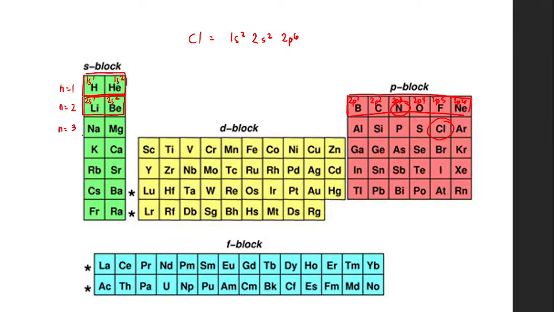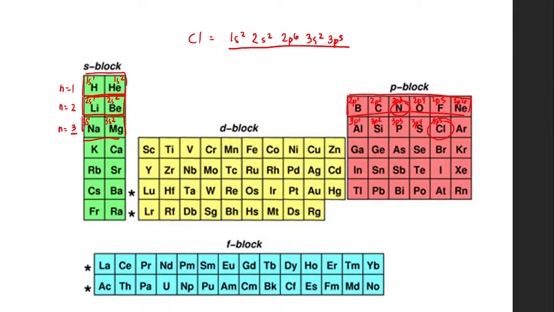And then we have our n level at 3. So this is your 3s1, 3s2. So that is 3s2, that is filled right there. And then you have your 3p1, 3p2, 3p3, 3p4, 3p5. So this would be our 3p5. This is the electron configuration for chlorine.